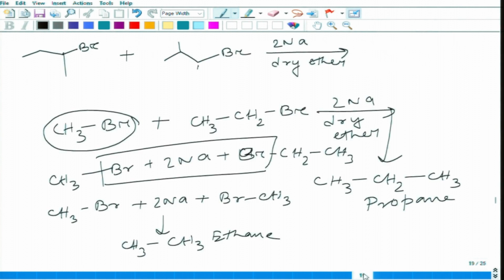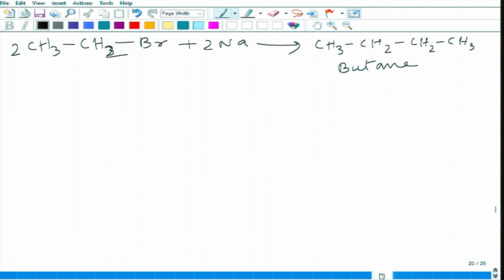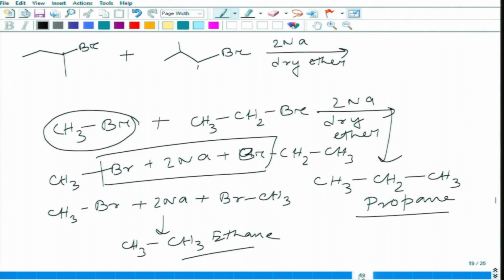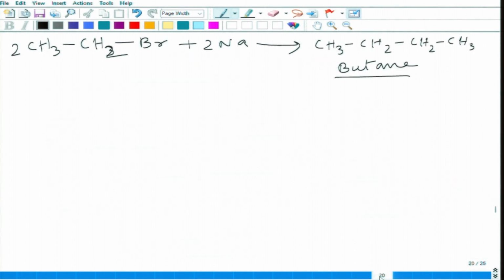So, from a single reaction we are getting propane, ethane, butane, 3 types of alkanes. So, by reacting different alkyl halides we cannot get any separate product.